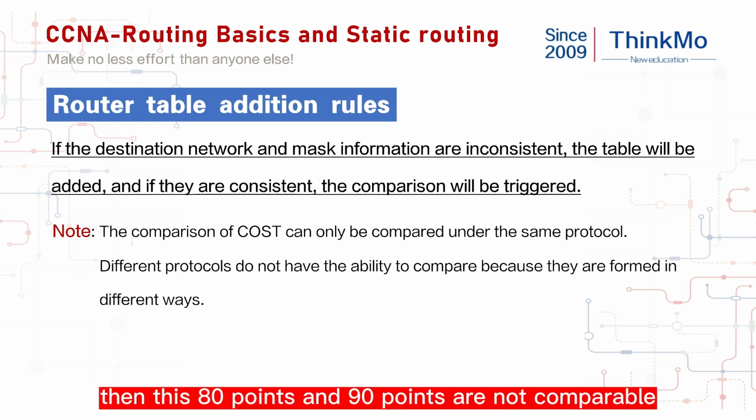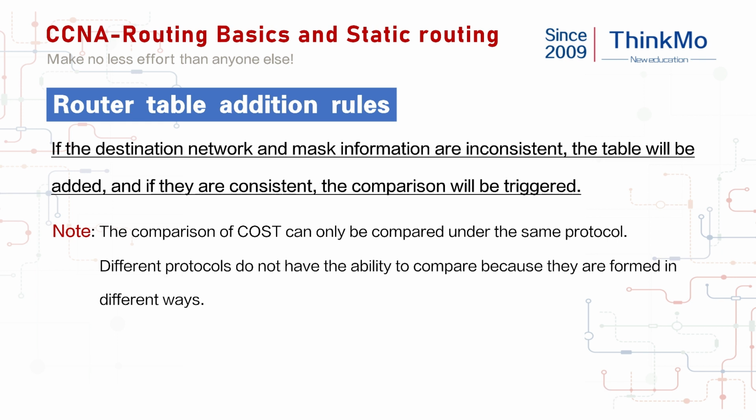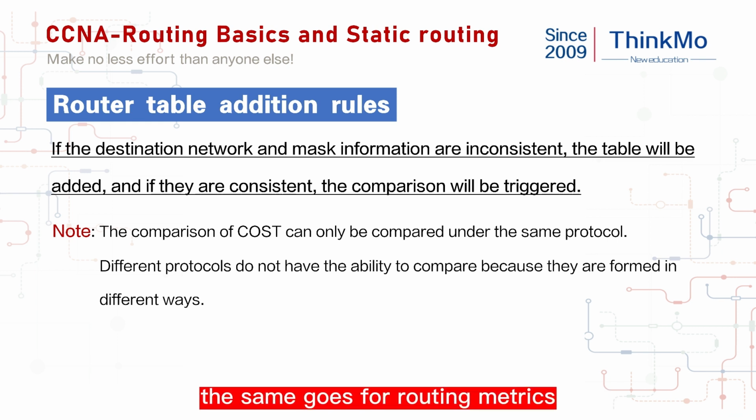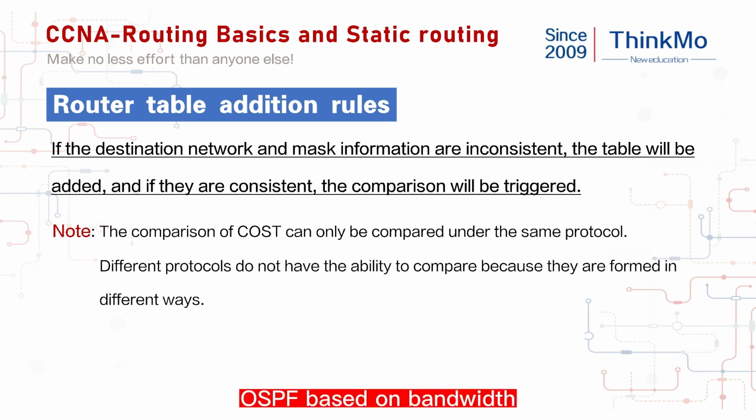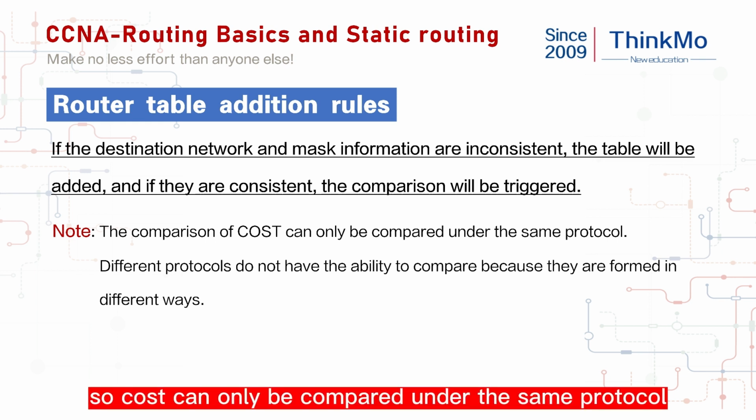Then these 80 points and 90 points are not comparable, because the criteria for judging are different. The same goes for routing metrics. RIP is based on hop count, OSPF is based on bandwidth. They are not one standard, so it is meaningless to compare such parameters. So, cost can only be compared under the same protocol.